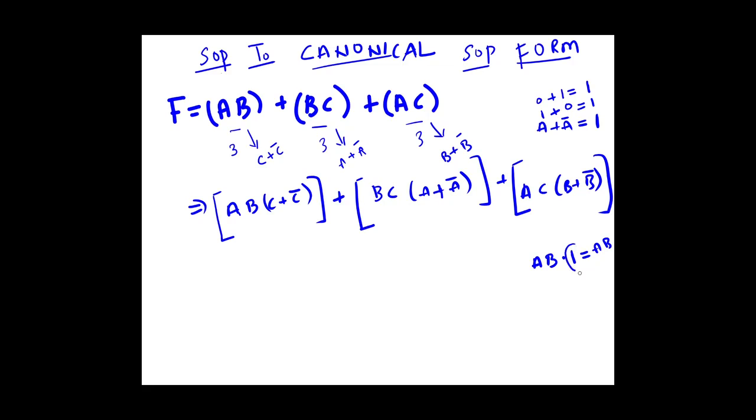So in place of 1, I'm replacing C plus C bar, writing AB into C plus C bar.